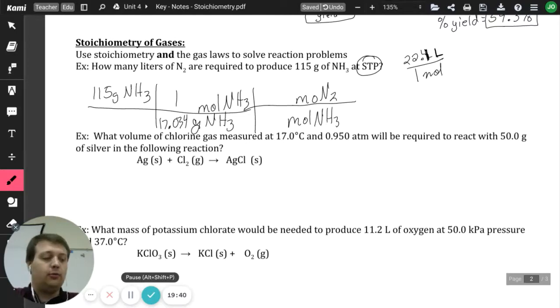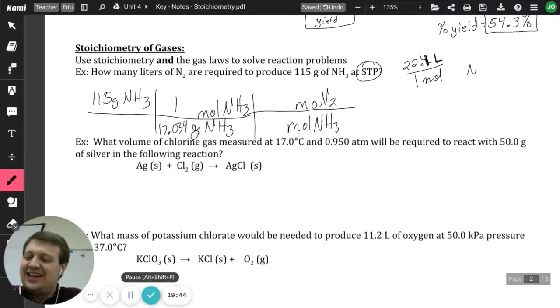Now, how do I do that? Well, I'm going to need to know my reaction. So I have N2 plus H2 produces NH3. I'm going to need 2 of these and 3 of these. That would be my balanced chemical equation. So for every 2 NH3, I would have 1 N2.